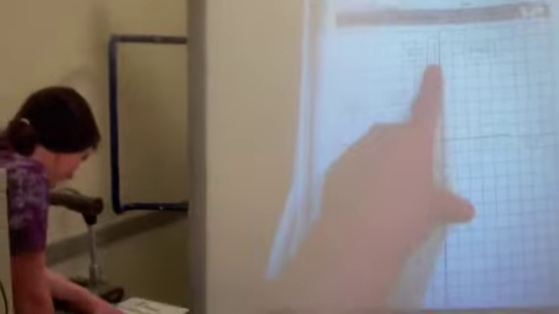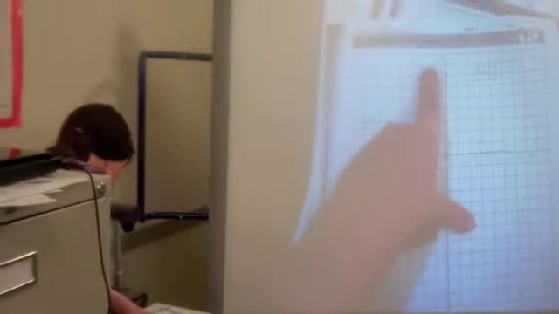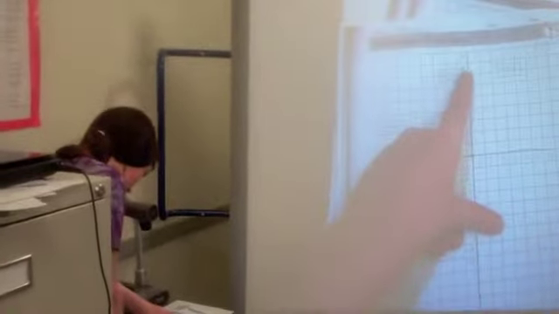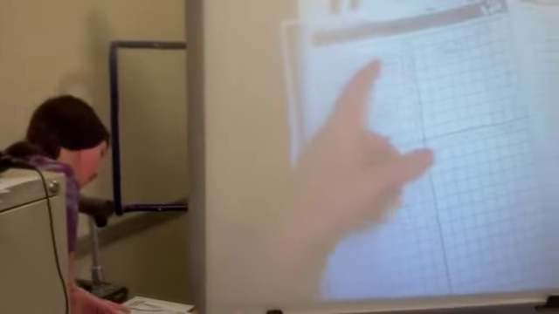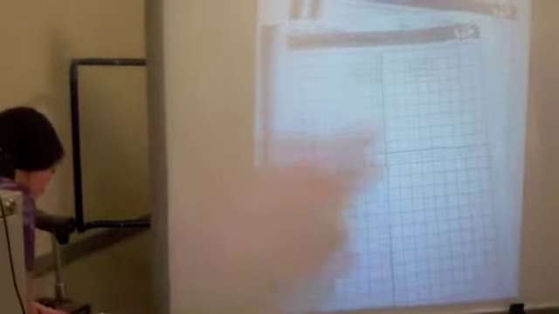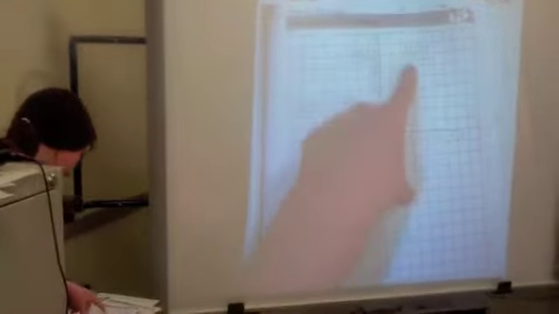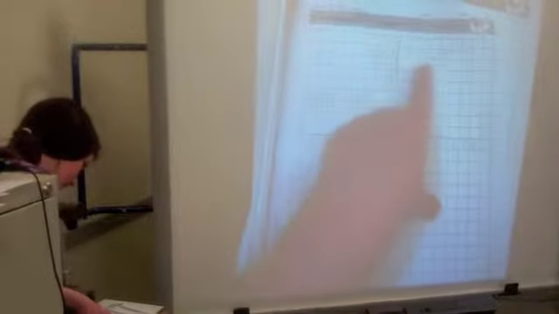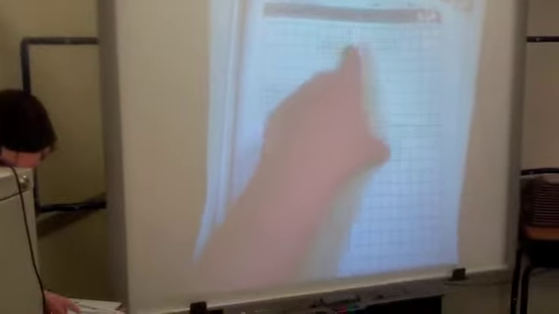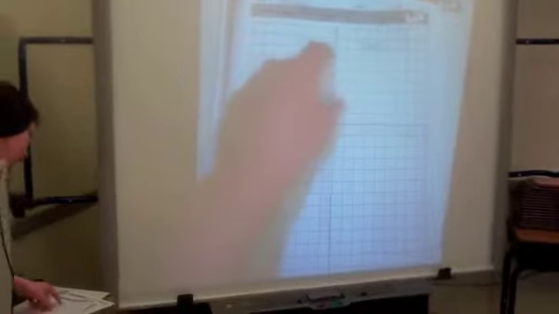And then Nick is 7 up and 1 across, and then 8 up and 1 across, and then 8 up and 3 across. And then the empty desk is 7 up and 3 across, and then 8 up and 3 across, and then 7 up and 5 across, and then 8 up.